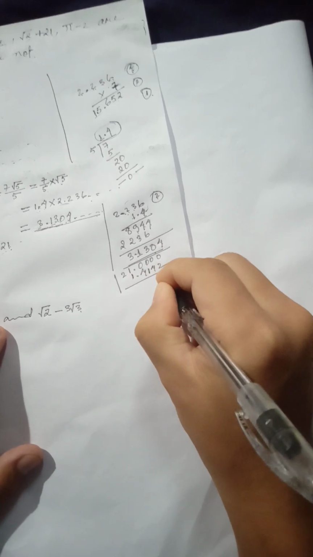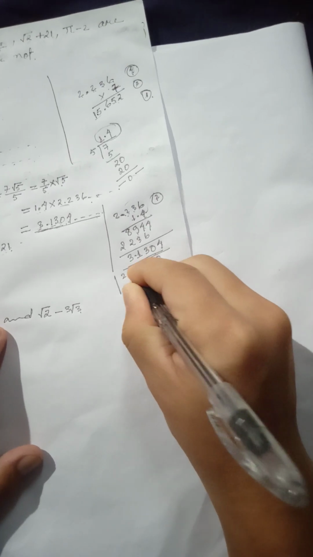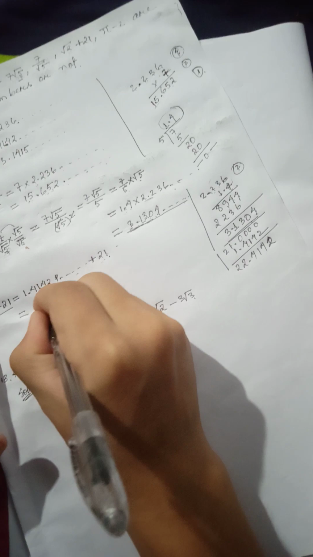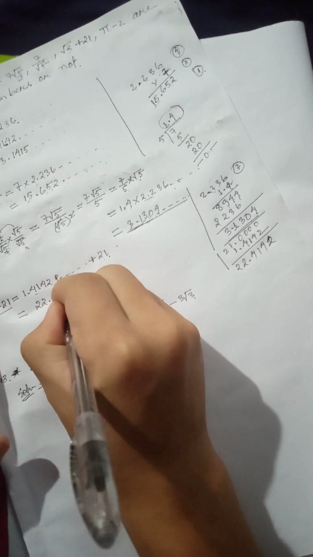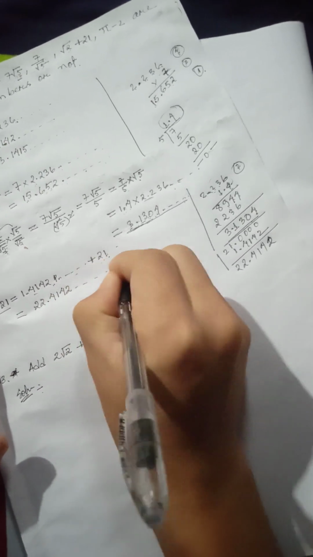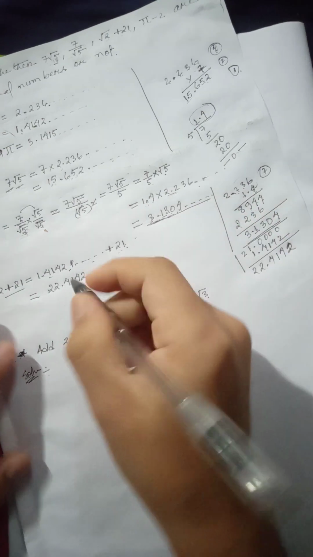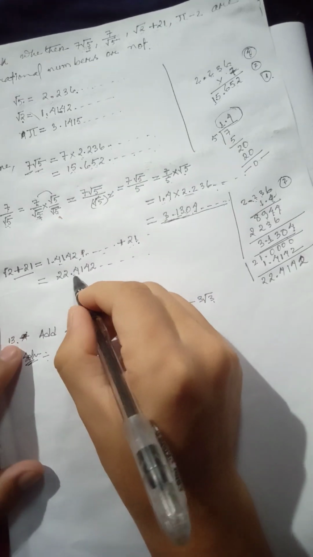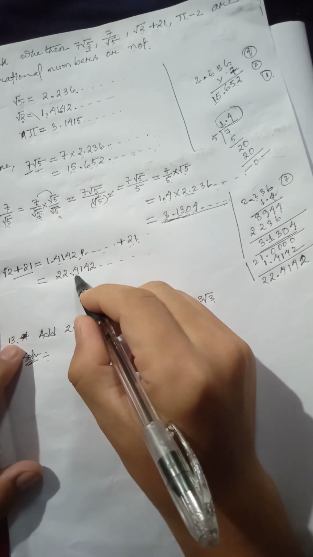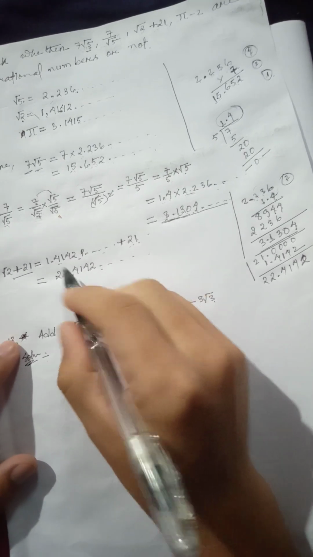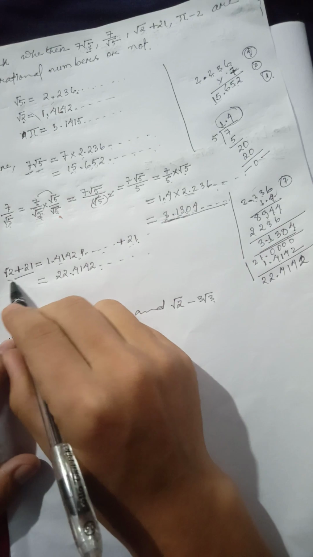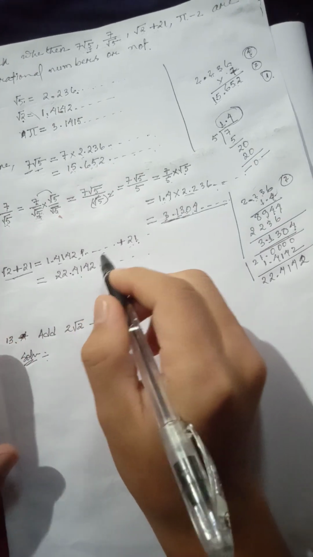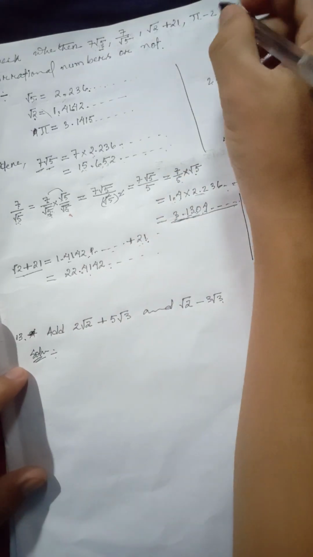That is 2414. 1 plus 21 will give you 22.4142, and it will go on like this. Even in this, the decimal expansion that we got is non-terminating and non-repeating. Thus we can conclude that even this real number belongs to irrational numbers.